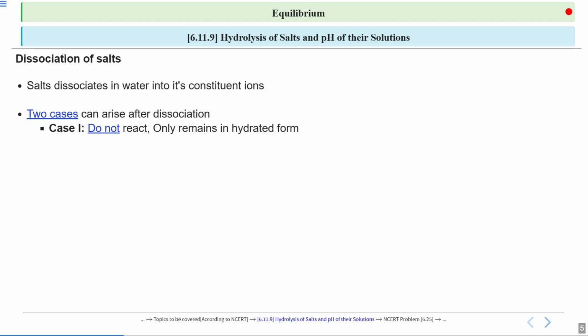What are those cases? First case is that they do not react with water. Your ion can react with water, and in that case only the pH changes. If it is not reacting at all, then the ion only hydrates, or you can say it is getting surrounded by the molecules of water due to its charge.